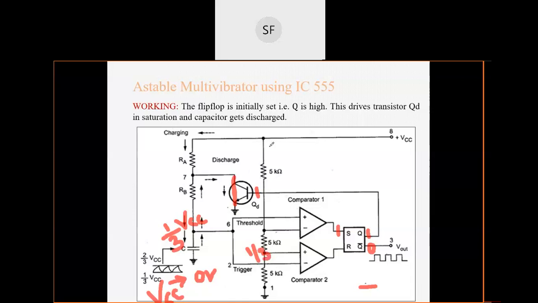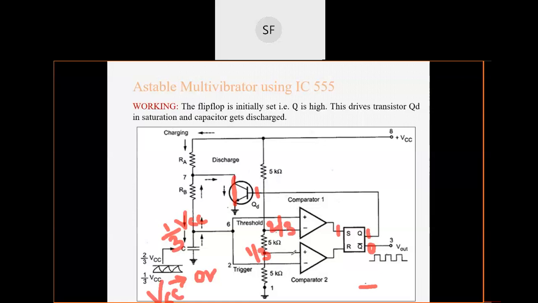We have seen that this voltage divider network has 3 resistors, and across each of the 3 resistors there will be 1 by 3 VCC voltage drop. So at this point, the non-inverting terminal of your comparator 2, what will be the voltage? 1 by 3 VCC. At this point, that is the inverting terminal of comparator 1, what will be the voltage? 2 by 3 VCC. Okay, I'm just not writing VCC.